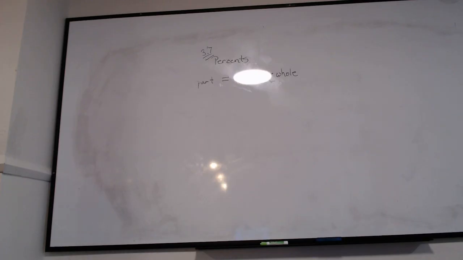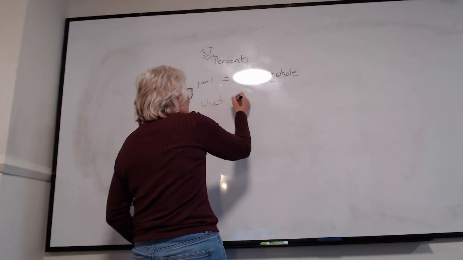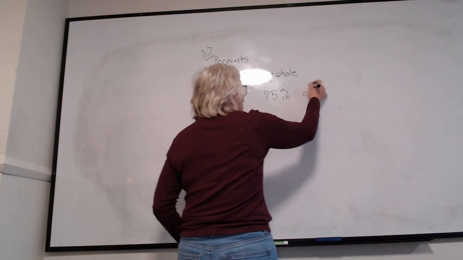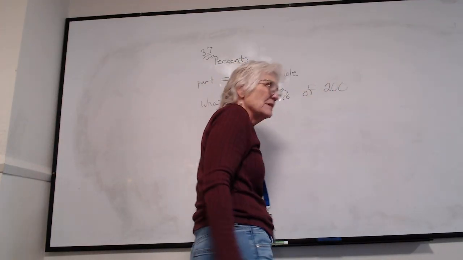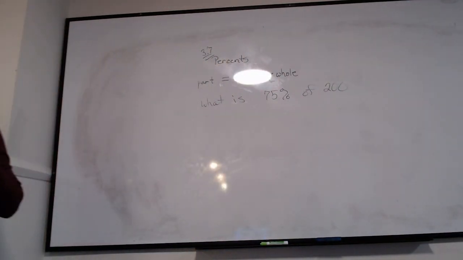So what if I said, what is 75% of 200? I know some people can tell me that straight off, but I don't want to know that right now. How do I recognize what is the part, what is the percent, and what's the whole?